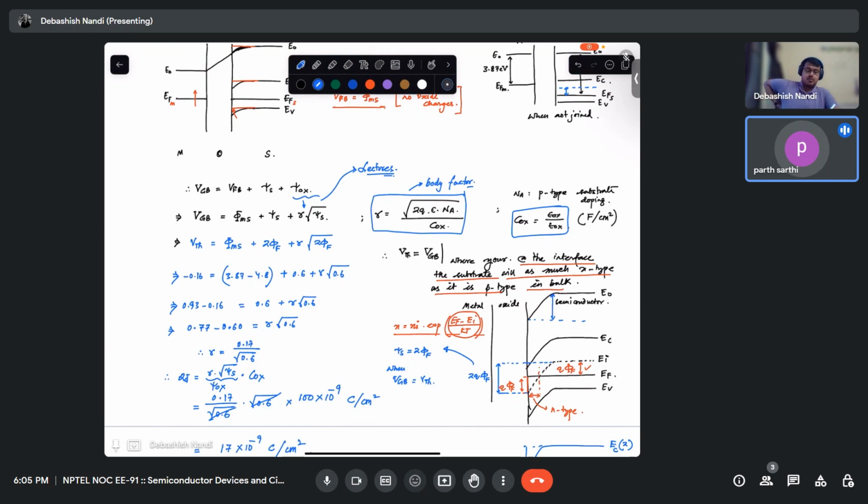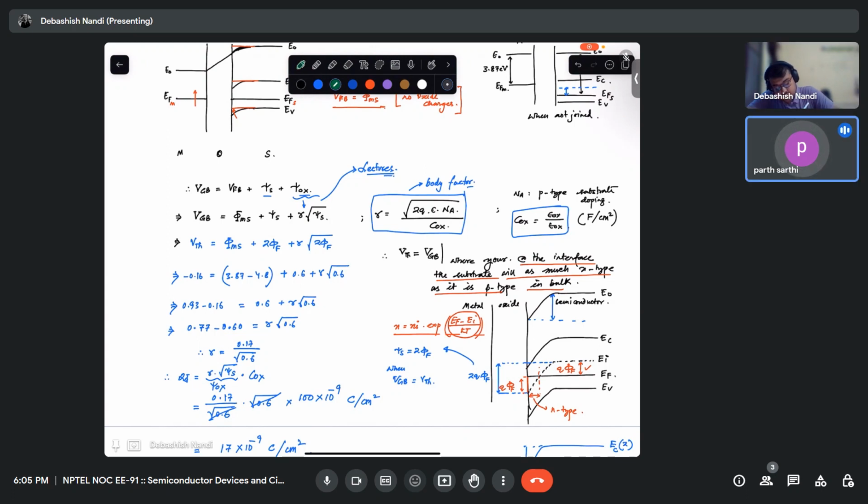Sir had written Vg is equal to VFB plus psi s plus TOX over epsilon s by TOX. Yes, so repeat once.